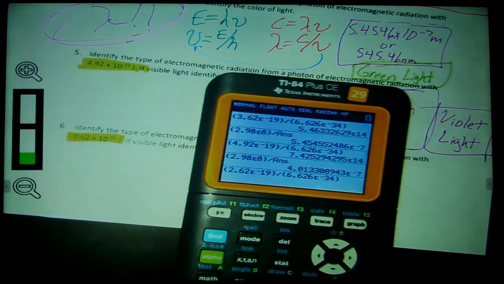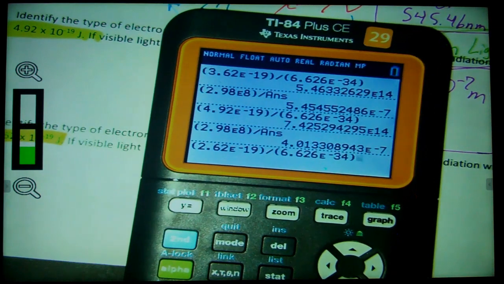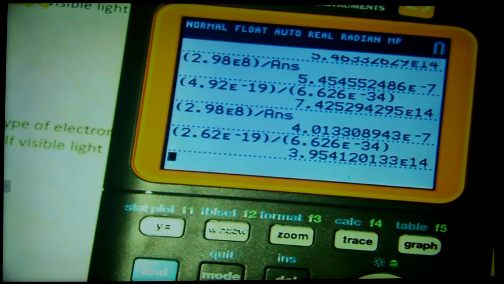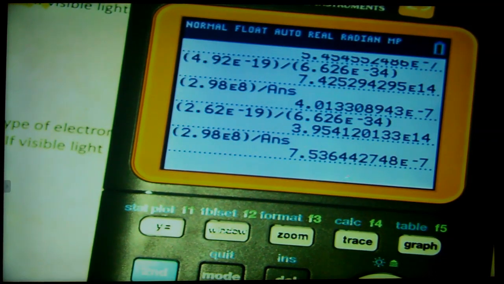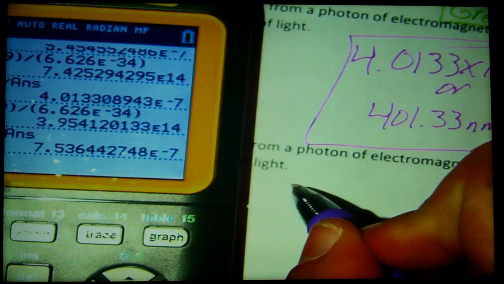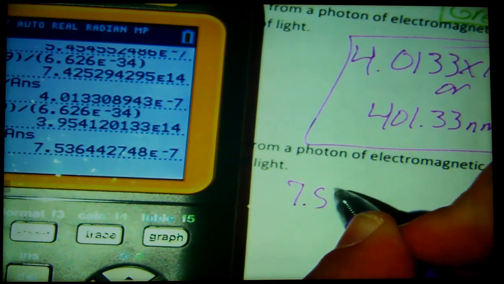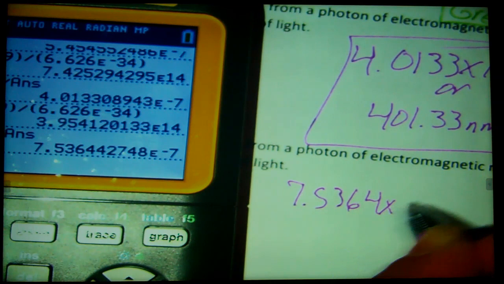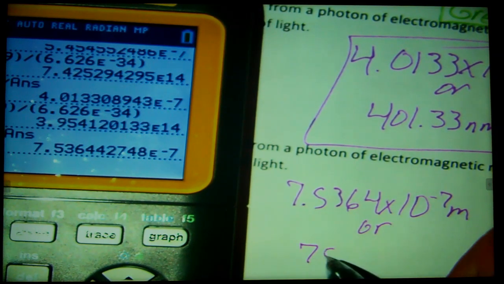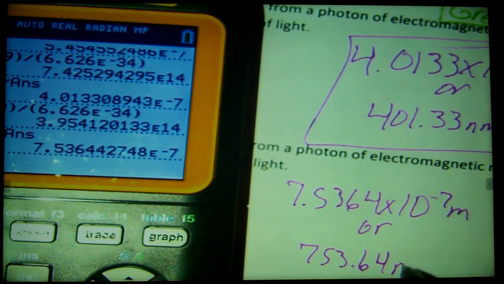Make sure you can see that. If you're on a phone, I don't know if you can see it or not. Hit enter. There's the frequency we get. So then 2.98 times 10 to the 8 divided by that answer. So now we're looking at 7.5364 times 10 to the negative 7 meters, or 753.64 nanometers.